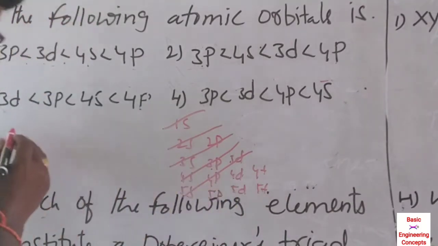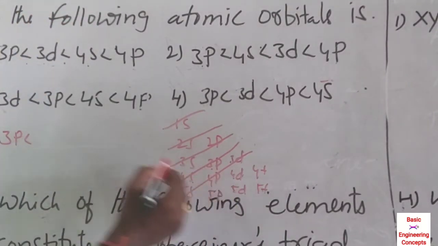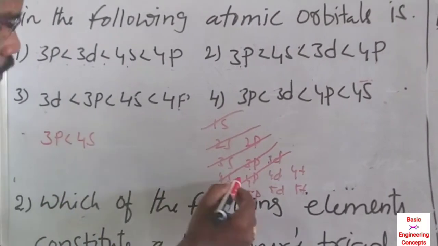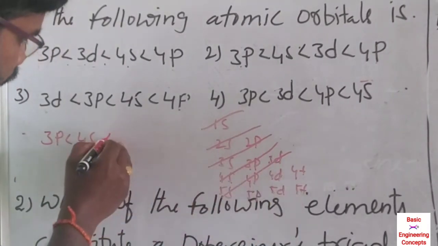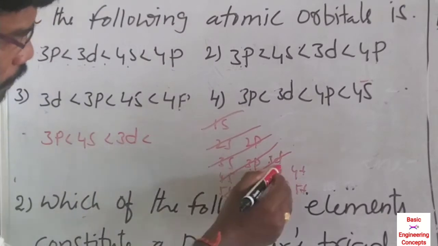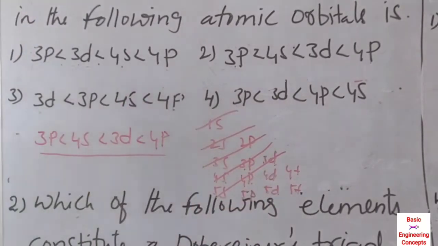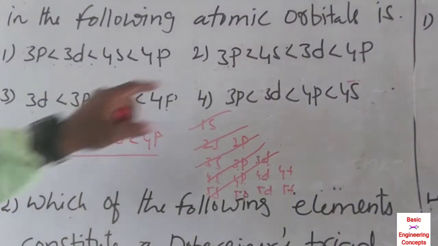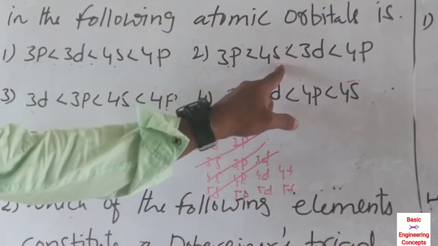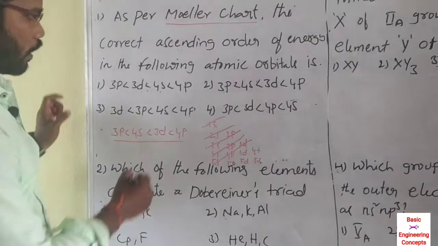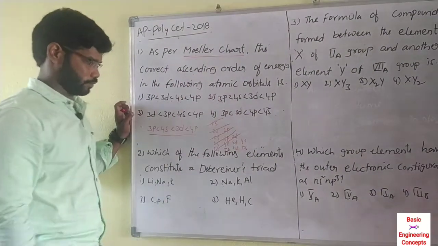First 3p, next 4s, next 3d, next 4p. This is the correct answer for this question. So the option is 3p less than 4s less than 3d less than 4p. The correct answer is the second option.